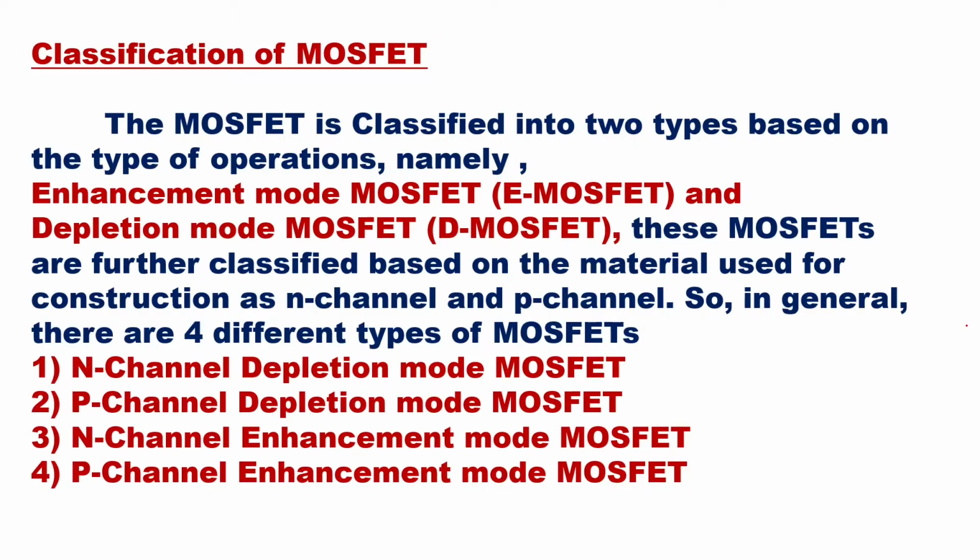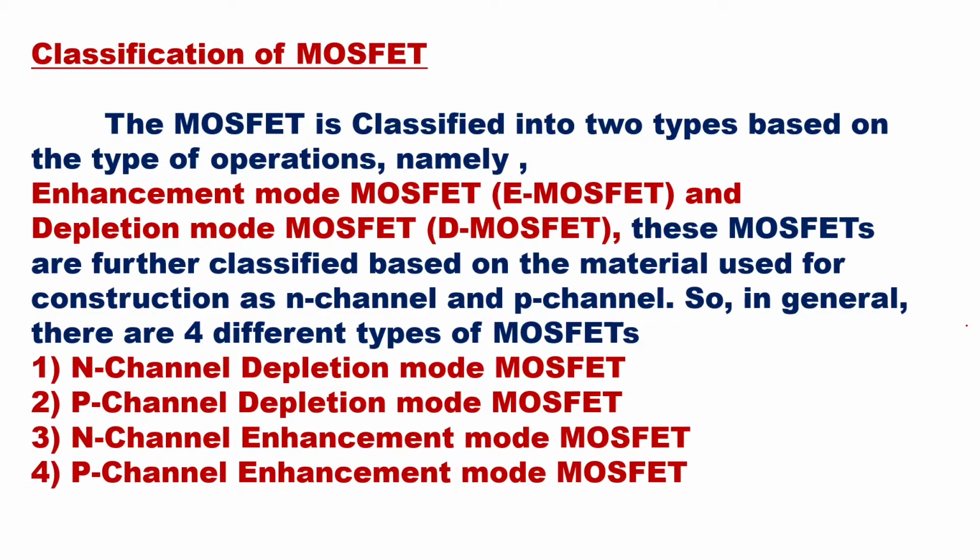Then we'll go through the same classification again. The MOSFET is classified into two types based on the type of operation, namely enhancement mode MOSFET, where the channel will not exist initially and afterwards will exist as you give the gate voltage, and depletion mode MOSFET, where the channel exists, and if you give the gate voltage, the current from source to drain will vary.